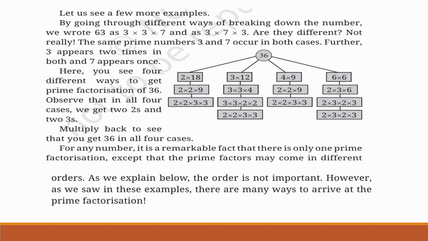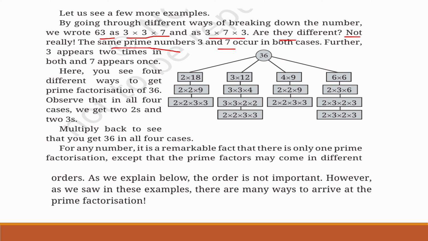By going through different ways of breaking down the number, we wrote 63 as 3 into 3 into 7 and as 3 into 7 into 3. Are they different? Not really. The same prime numbers 3 and 7 occur in both cases.